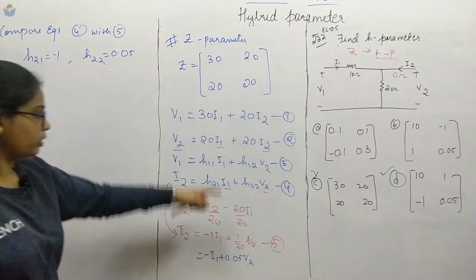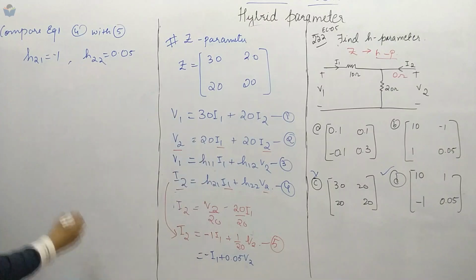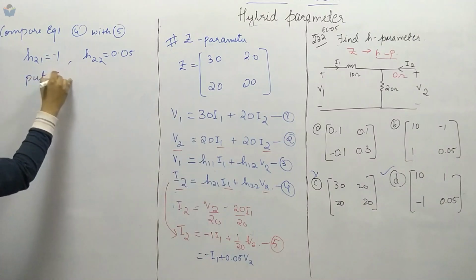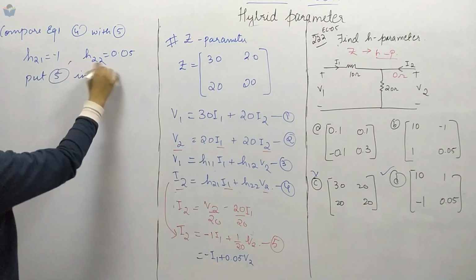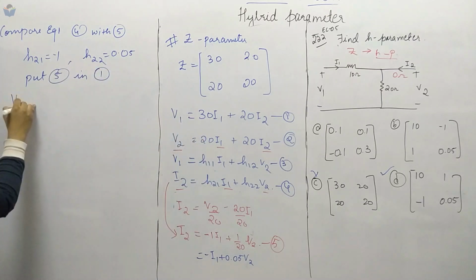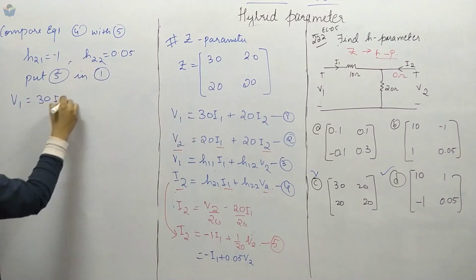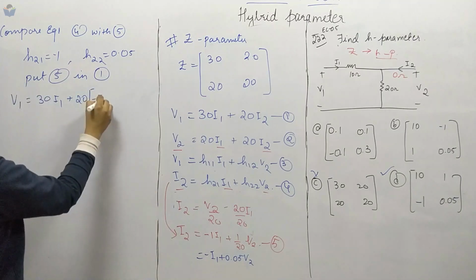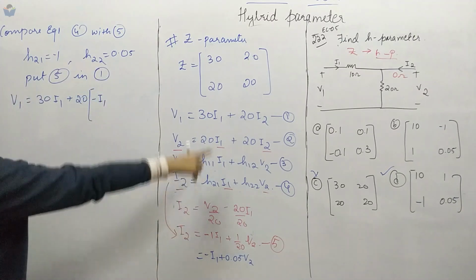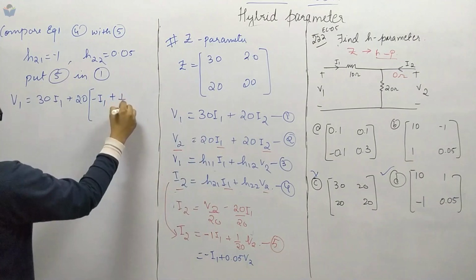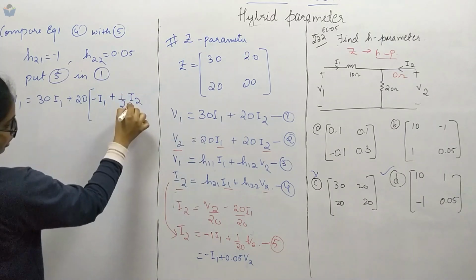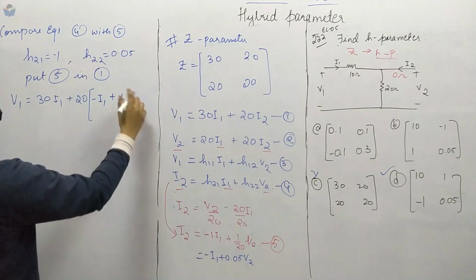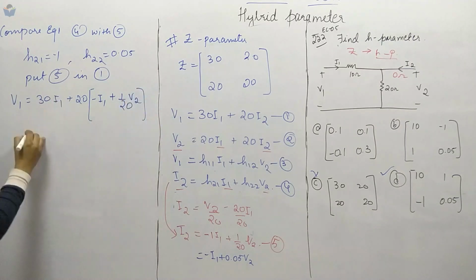I will put equation 5 in equation 1. V1 equals 30 times I1 plus 20 times I2, which is minus I1 plus 1 by 20 times V2. I will rearrange this.